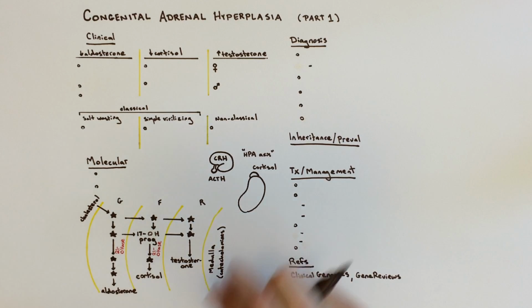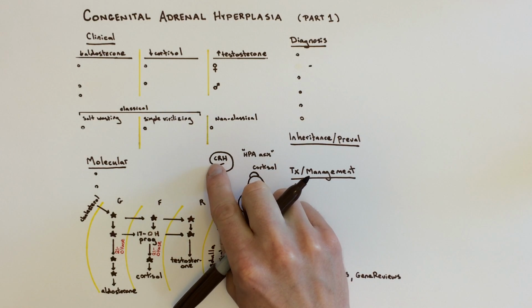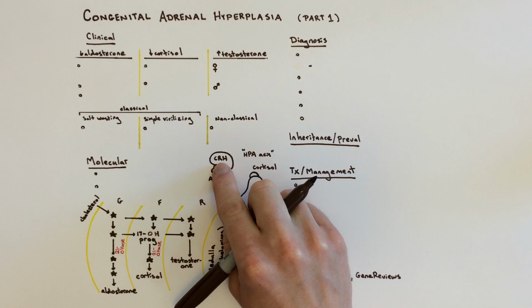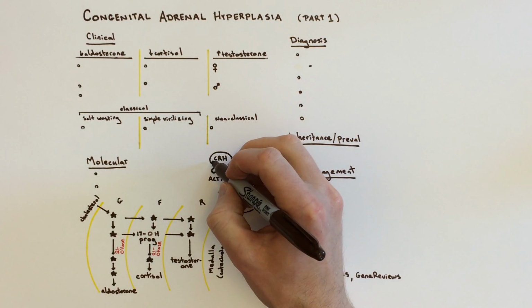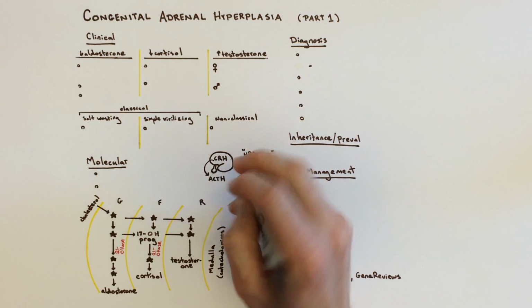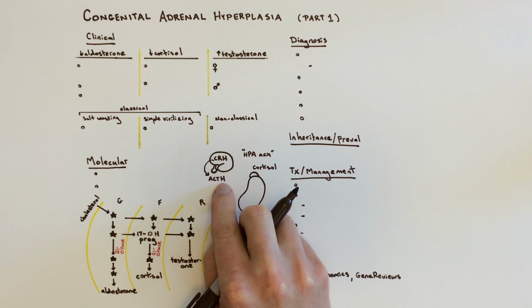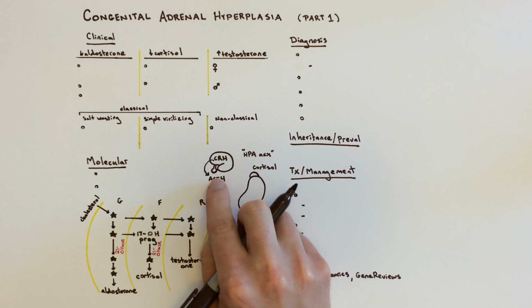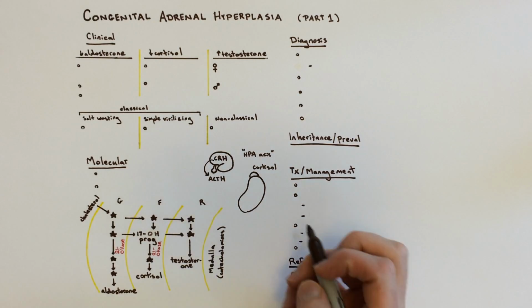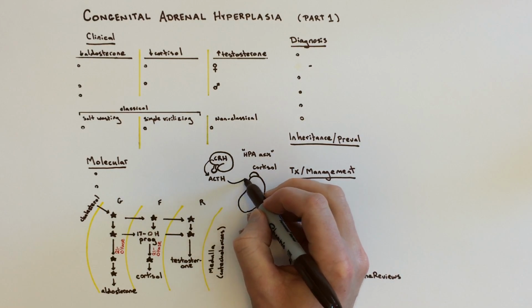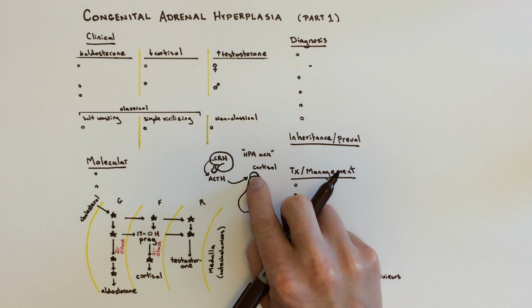What this is, is a normal production of CRH, which is corticotropin releasing hormone, coming from the hypothalamus. CRH stimulates ACTH, adrenocorticotropic hormone, to be made from the pituitary. ACTH then stimulates the adrenal gland.